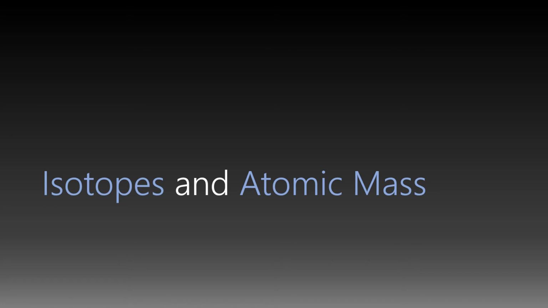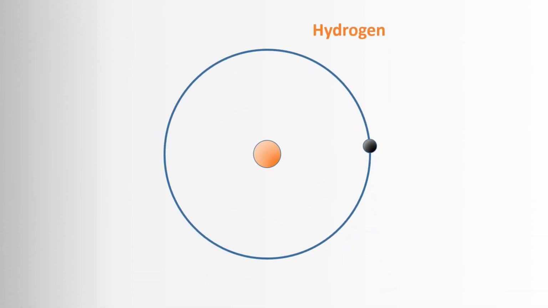So let's talk about isotopes. So this is hydrogen. This is what we call hydrogen 1. Elements are named from their element name and their mass number. Okay, so hydrogen 1 means hydrogen with a mass number of 1, which means 1 proton, because you got to have that, and 0 neutrons, right?